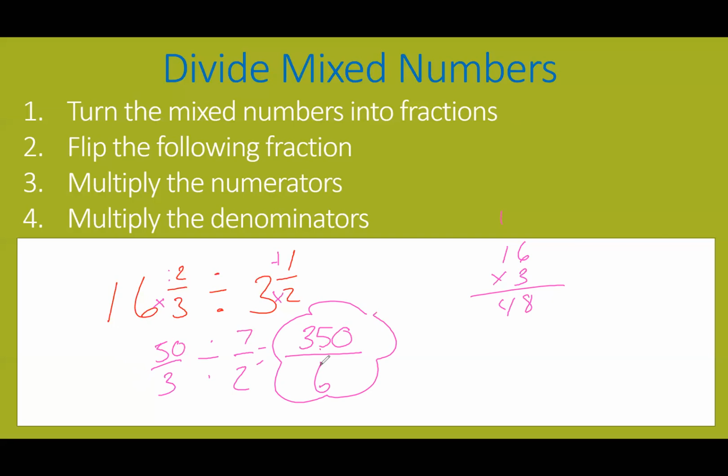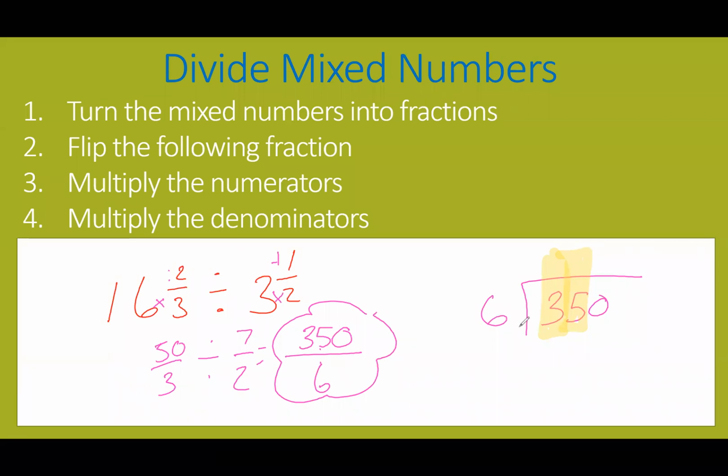Here's my eraser. Since tomorrow we are going to reduce these numbers, let's do a little preview. 350 divided by 6. So let's start here. Can I do 3 divided by 6? Nope, I can't, so I need to move to this place. How about 35? I can definitely do that.